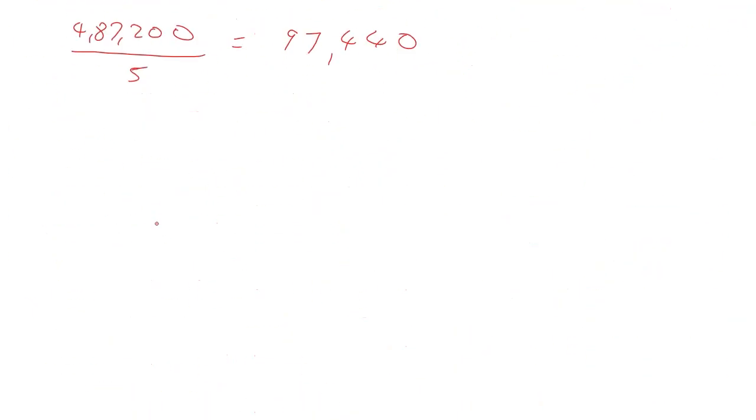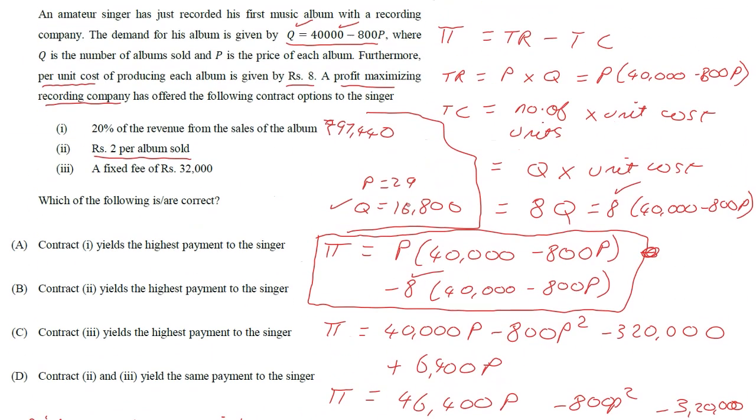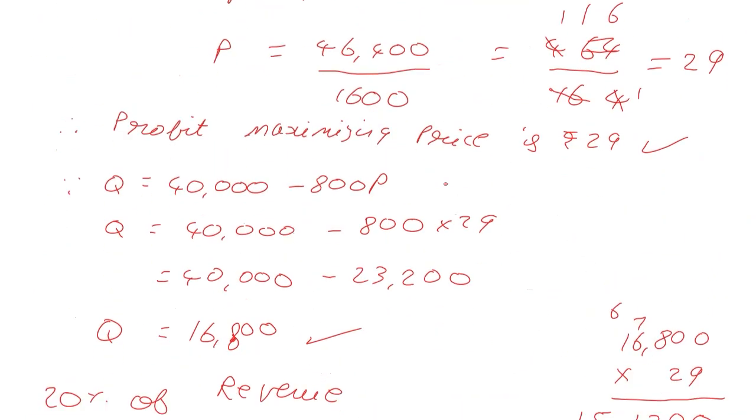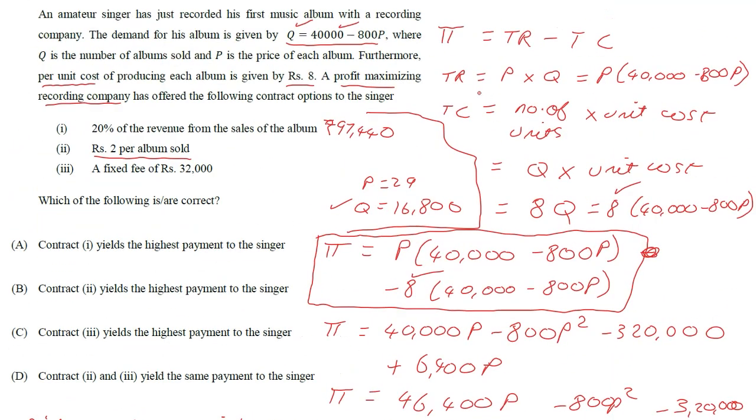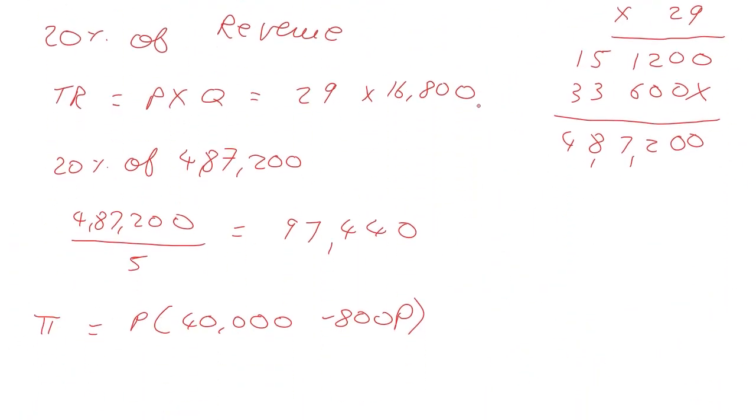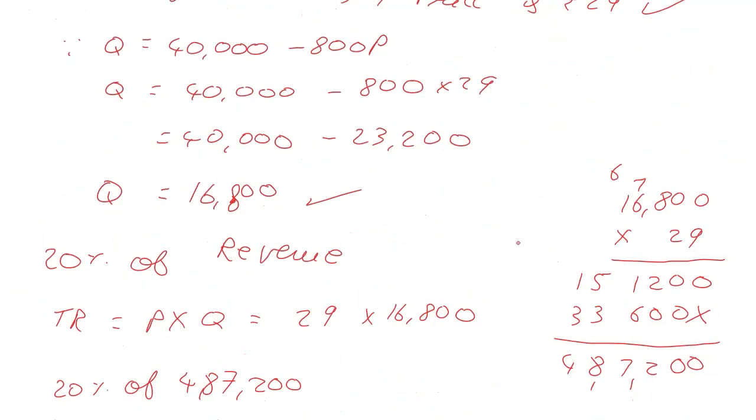So we know that profit, there is a formula where you can separately do marginal revenue and marginal cost also. Either way, you're going to get the same answer. Profit is equal to price into 40,000 minus 800 price, so P into 40,000 minus 800 P. And then going back up, minus 8 into, and now will it be 8?